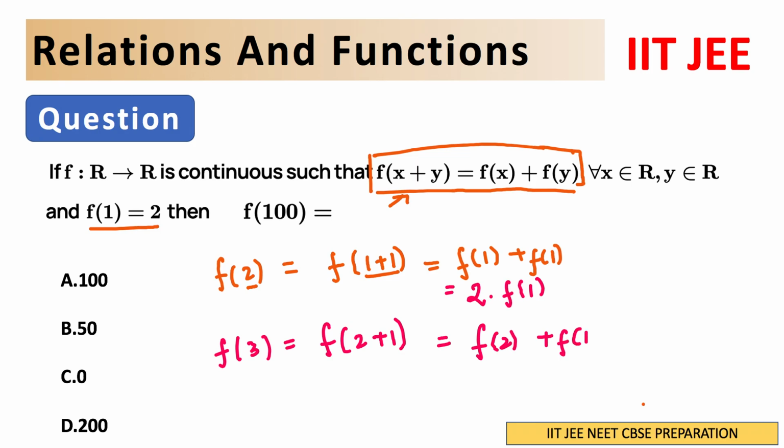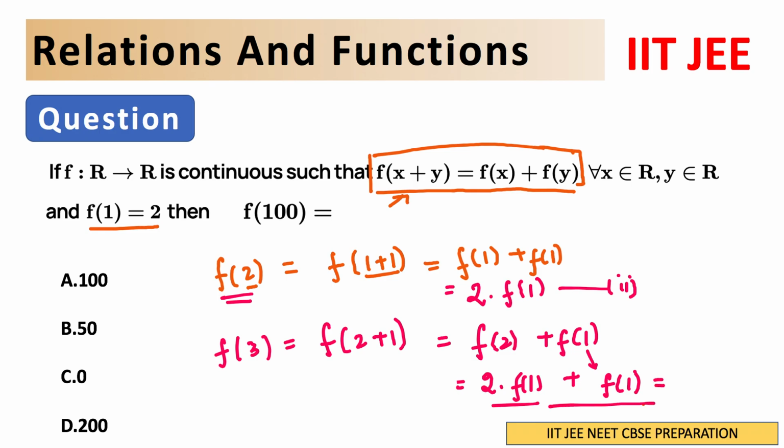Because just 2-3 terms are sufficient for calculating, substitute the value that you got here for f2. So f2 will become 2 times f1, plus this f1 as it is, f of 1. So now this expression f3 becomes 2f1 plus f1, so it becomes 3 times f1.